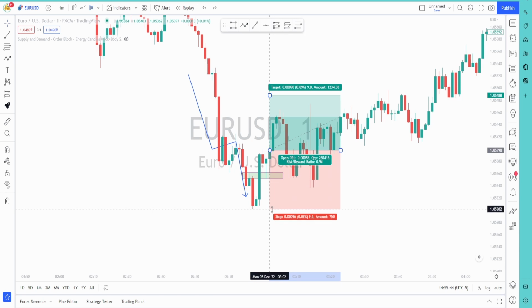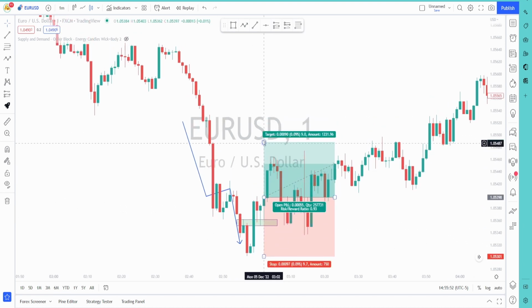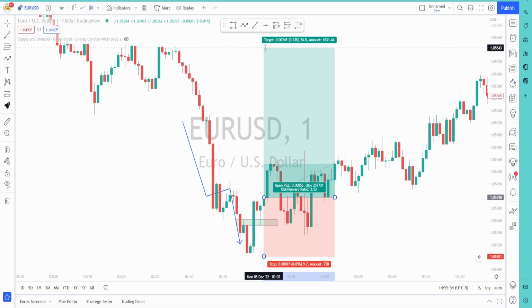Now you put your stop loss just below the second low, and you're aiming for the top. And I always aim for the open or the close, not the wick.